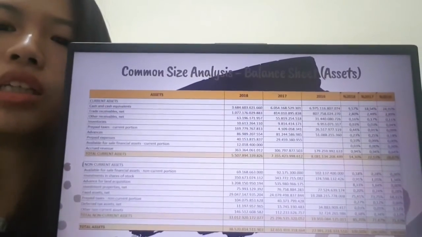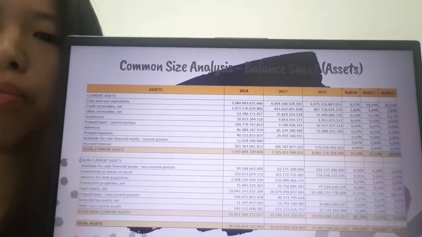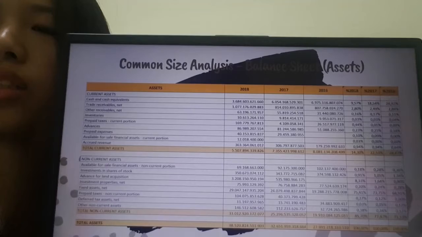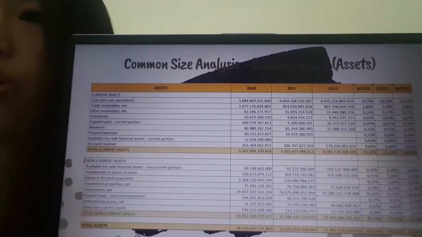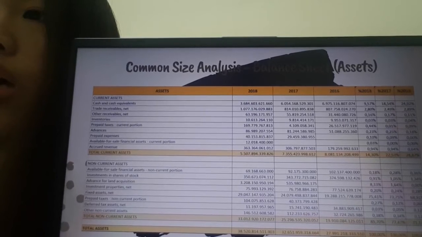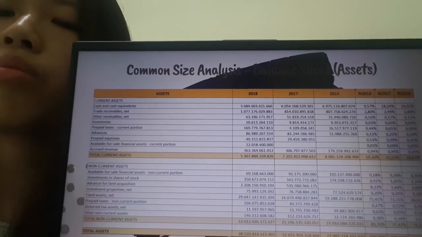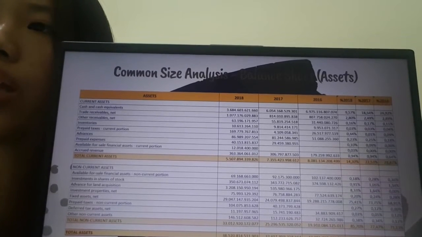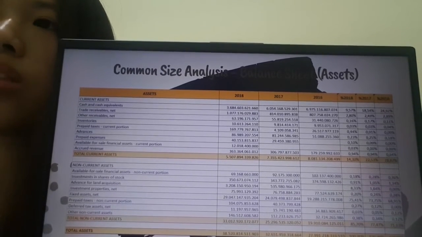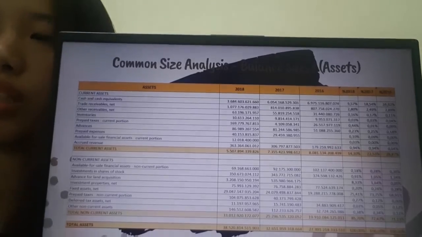So the first is the assets part of the common size. We can see that the total current assets are decreasing from 2016 to 2018, from 28% to 14%.